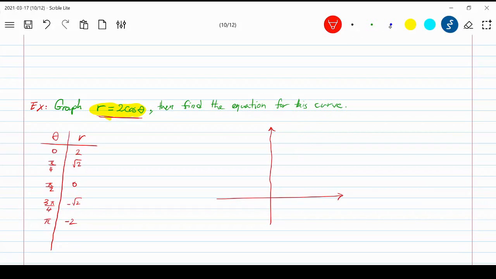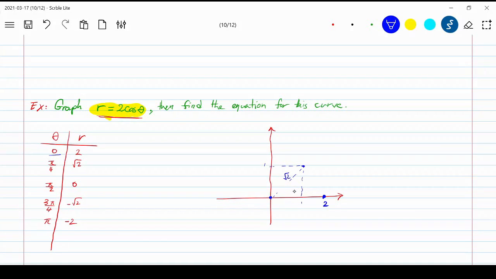Okay, so let's find out where these points are. Angle 0 and radius 2: this is the point where the angle is 0 and the radius is 2. Radius root 2 and angle pi over 4, so 45 degrees. Root 2 might be a bit smaller than 2, so here somewhere. This distance is root 2, I'm assuming at 1 and 1. Then we have pi over 2 and 0, so at pi over 2 what we have is 0. Angle pi over 2, cosine is 0.